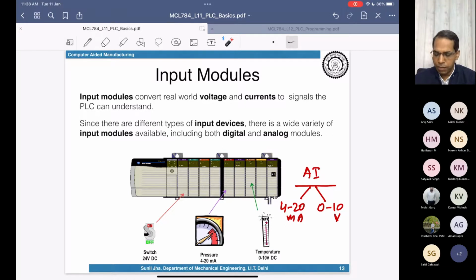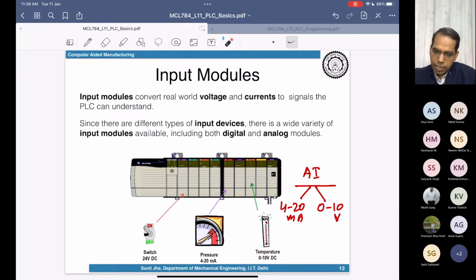If I have, for example, a 1 meter wire, it may not be that significant. But if I mount this temperature sensor far away, maybe at a 5-meter or 10-meter distance, then the sensor is quite far from the controller, and the length of the wire also plays a very important role in the voltage drop.